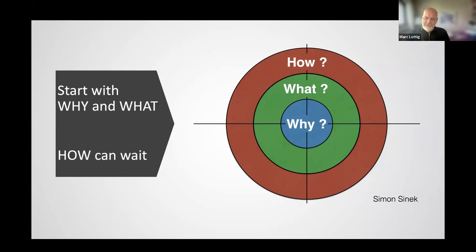Make sure the proposition is clear. Everybody knows what it is you're speaking about. And then you will see a reaction that people want to hear from you. How exactly do you do this? Where is the detail? So focus on why and what, and think about letting how, all the detail, wait for a moment until your audience has understood why you're speaking and what it is about.